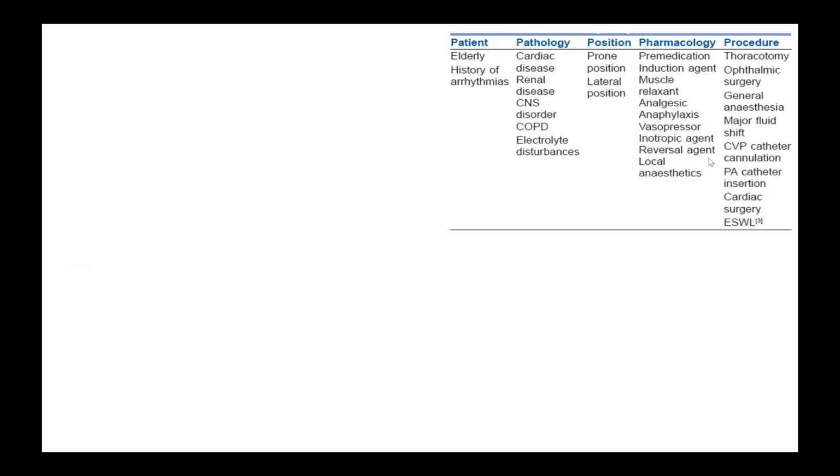All these things can also induce an arrhythmia. And surgical procedures. So these 5 P's are another way of presenting the causes for arrhythmia.